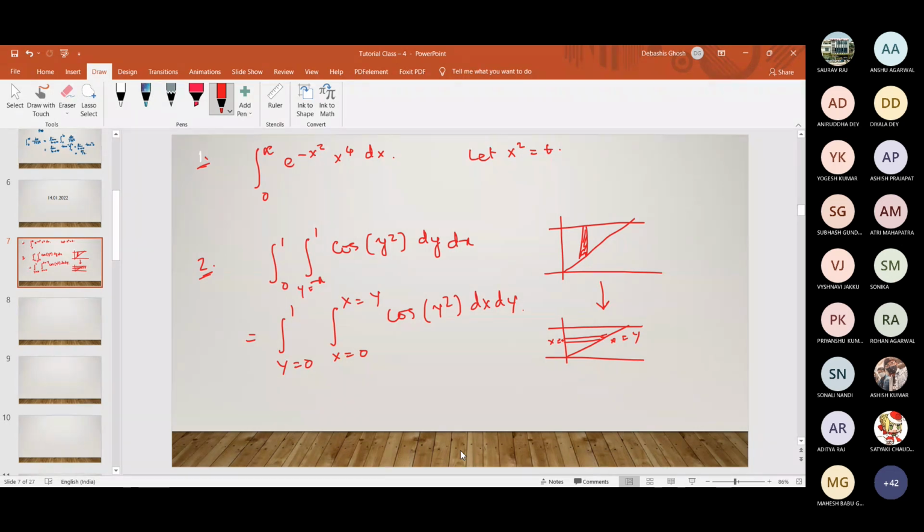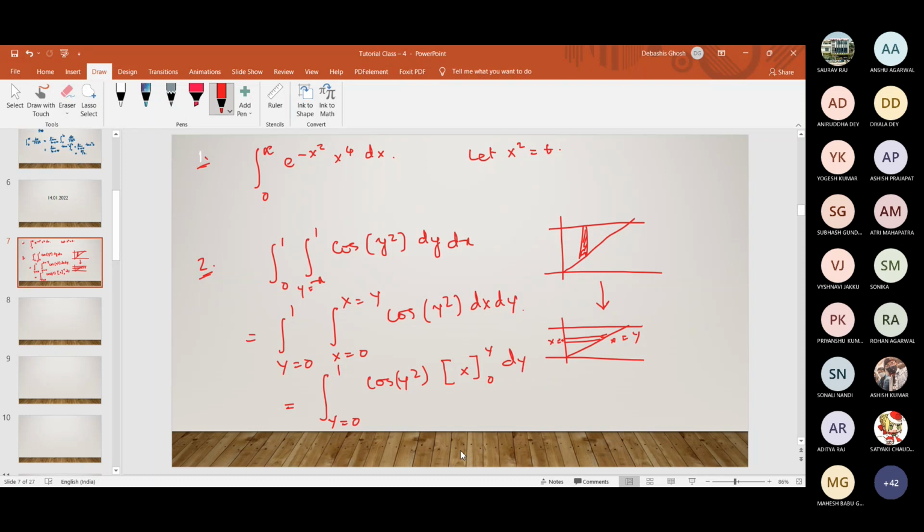Come to the third one. Evaluating this integration, it will come to integration y equals to 0 to 1. Then with respect to dx, you have x cos y square, where x has its range from 0 to y, dy.